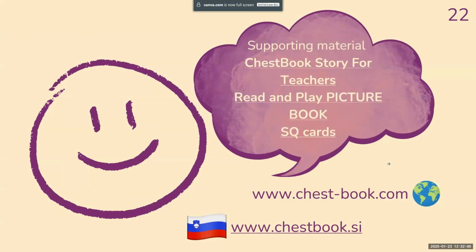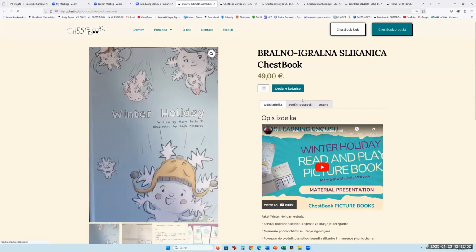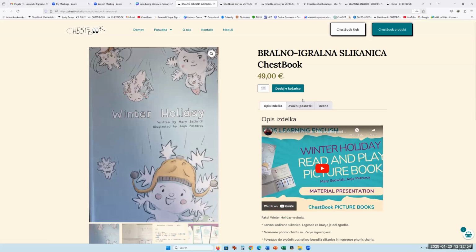The second product is Read and Play Picture Book that is originally meant for home use, and it can really very well support your teaching practice, especially when you introduce literacy.